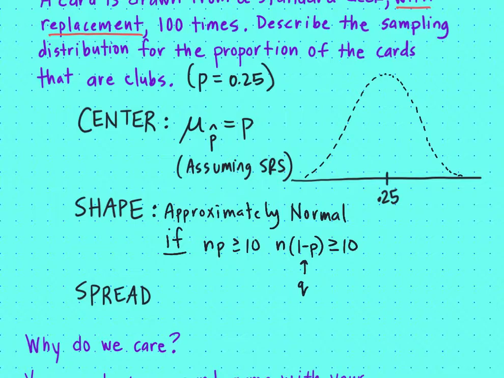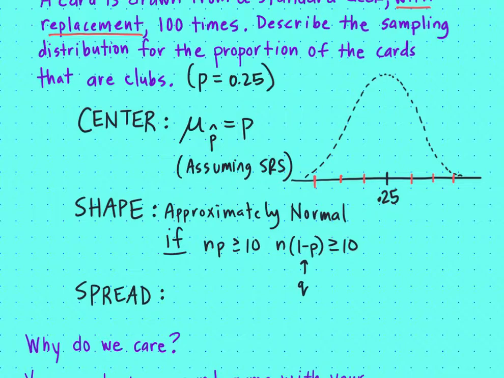So what about the spread? Spread, where we'll use standard deviation, tells us how far out we have to go. We have these approximately 3 steps left and 3 steps right before our outcomes start to get really unlikely. So what is the spread? This goes back to the binomial also.